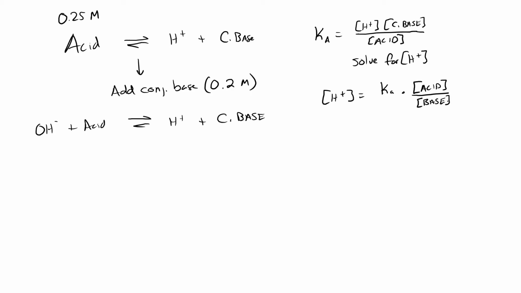Okay, that makes sense. And this works great as long as we're really only considering the acid. Once we have the base in there, we have to consider both of these things. That's when we get to a buffer.